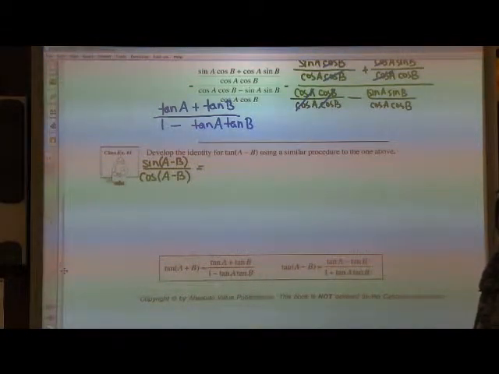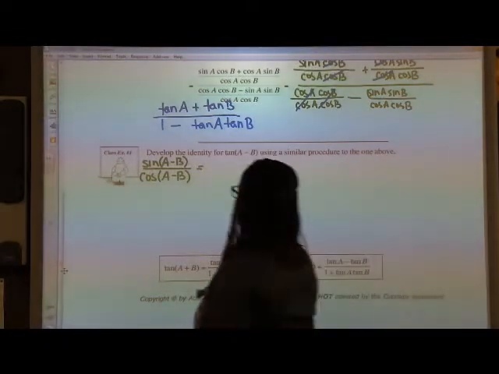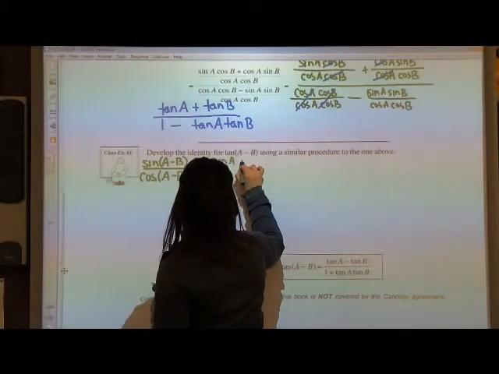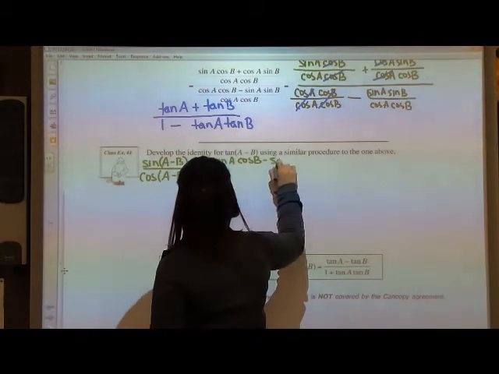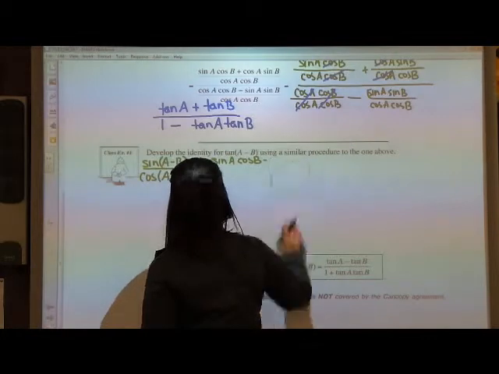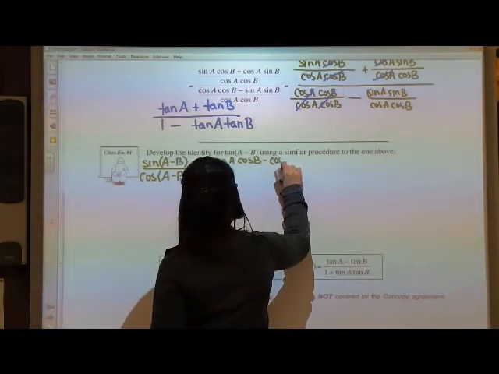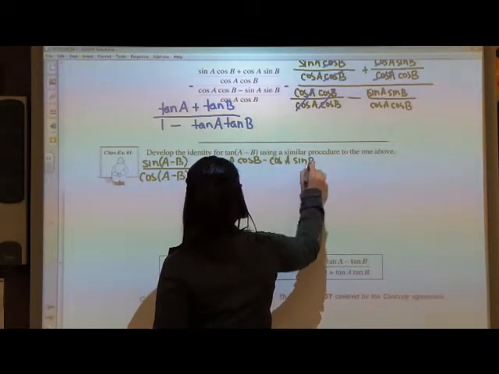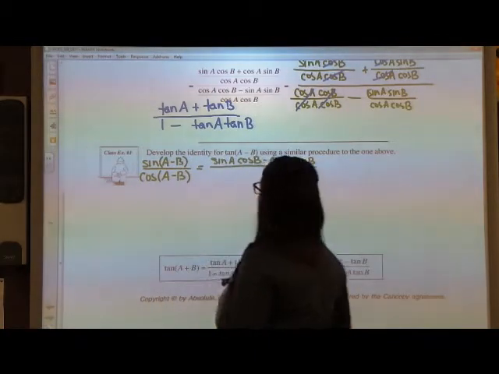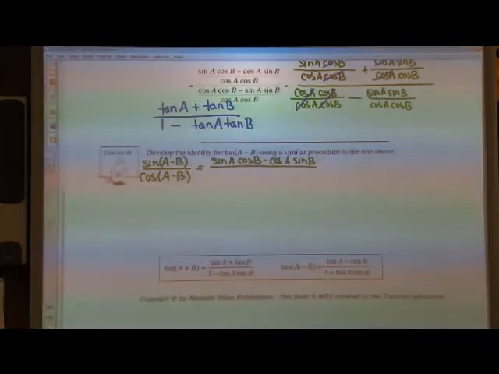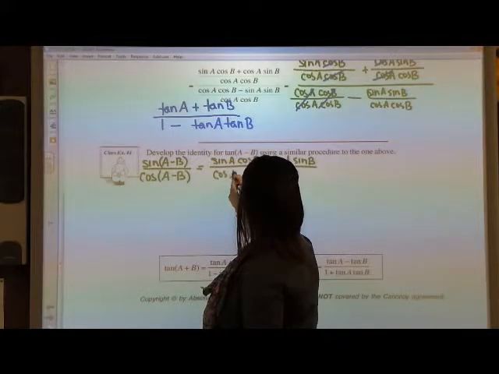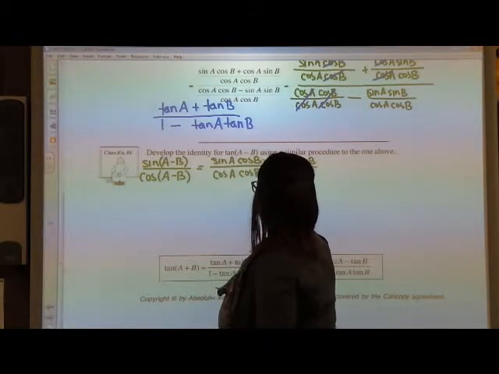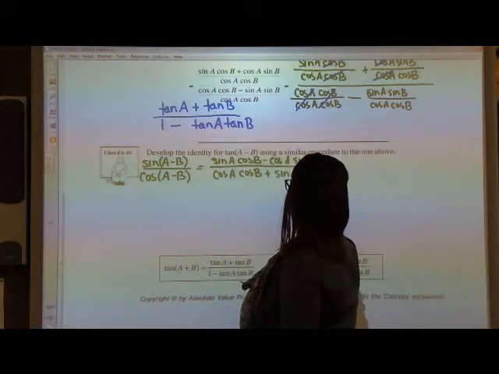Can you read it out, Evan? Sine A cos B minus cos A sine B. And then what's cos A minus B? Cos A times cos B plus sine A times sine B.